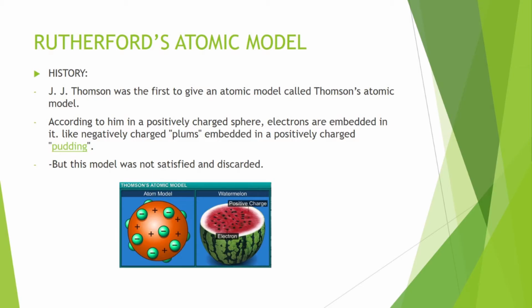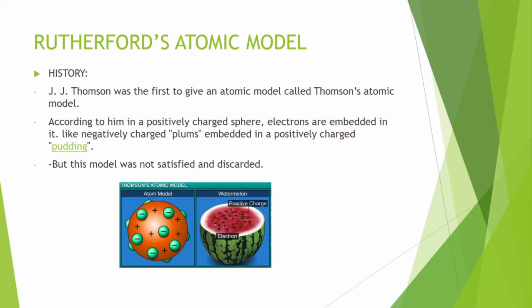As you can see here in the picture, the negatively charged electrons are studded in a sphere of positively charged proton, or we can compare it with the watermelon. The positively charged proton can be compared with the red part of the watermelon, and the negatively charged electron can be compared with the black seeds inside the red colored watermelon.